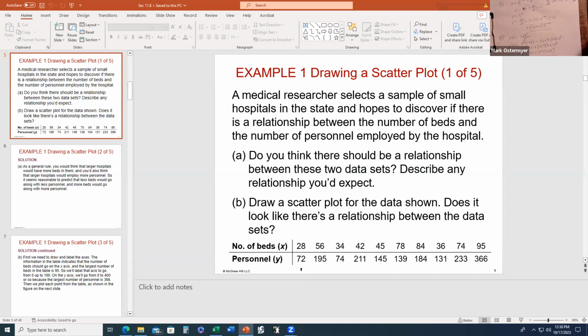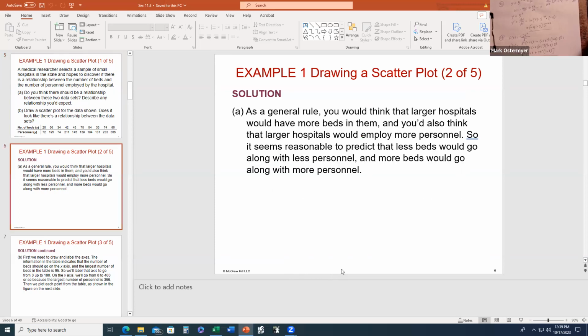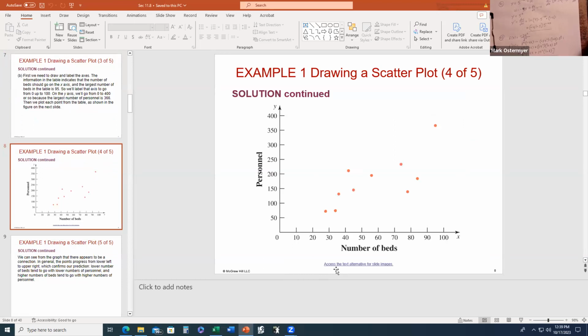Notice the Y data ranges from a minimum value of 72 to a maximum value of 366. Because of that, you need to make sure that you lay out a scale on the y-axis that will accommodate that range. Let's see what your author did here for the scale.